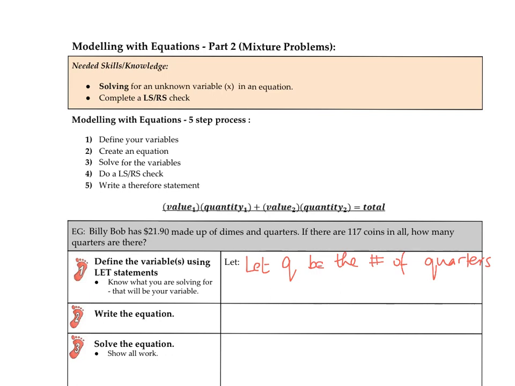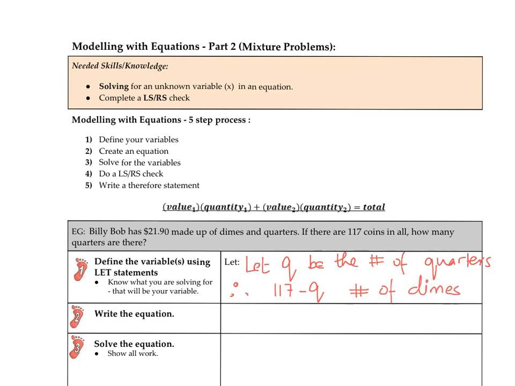Now we have to write how many dimes he will have. Look at the question again. If he has total 117 coins, then how many dimes would he have in terms of the variable Q? Therefore, he will have 117 minus Q as the number of dimes.